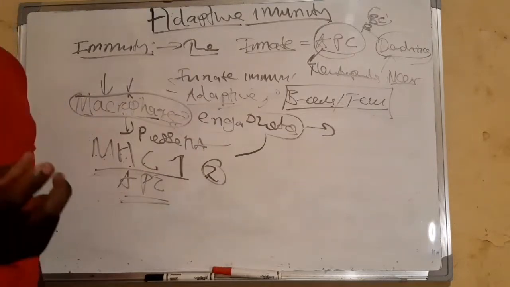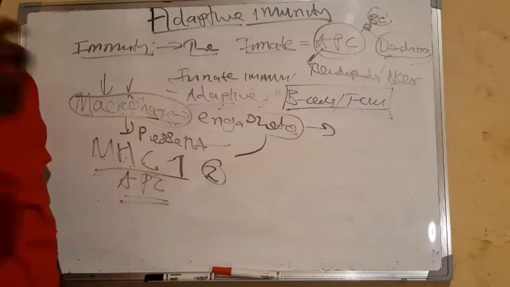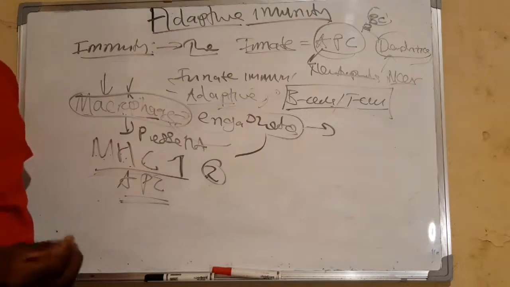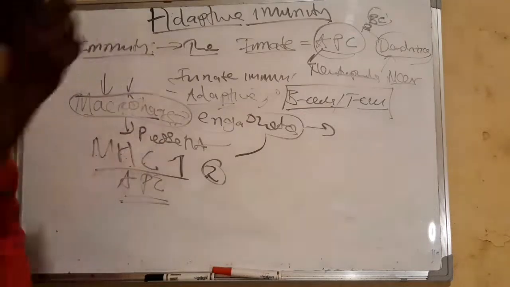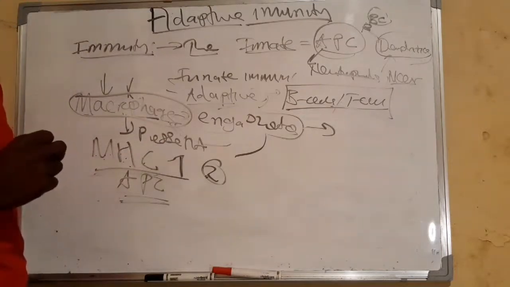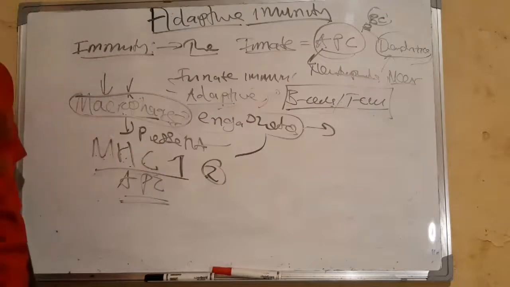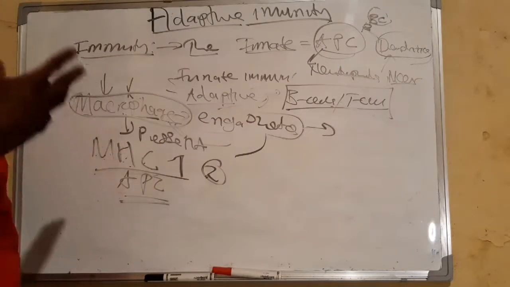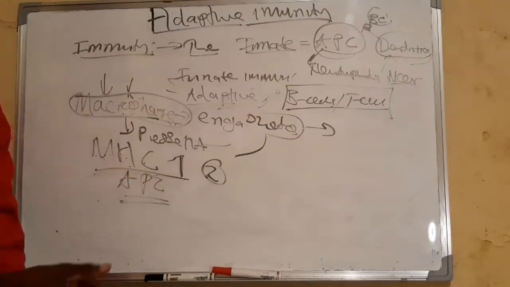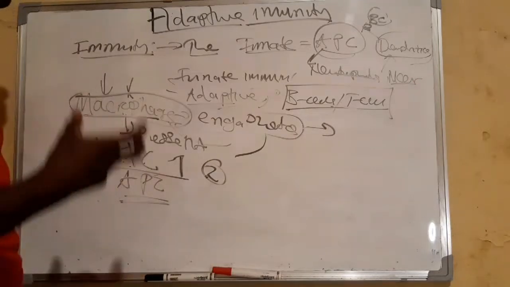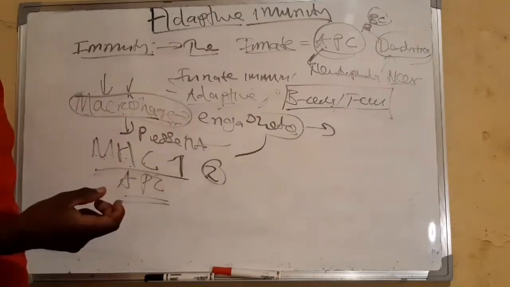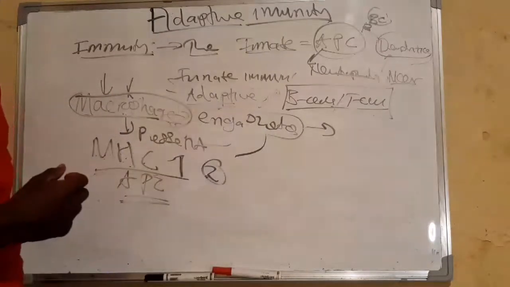After it has become activated, it starts producing cytokines, which activate the macrophages and the B cells, all those things. So you need to know the antigen presenting cells: the neutrophils, macrophages, the dendritic cells.